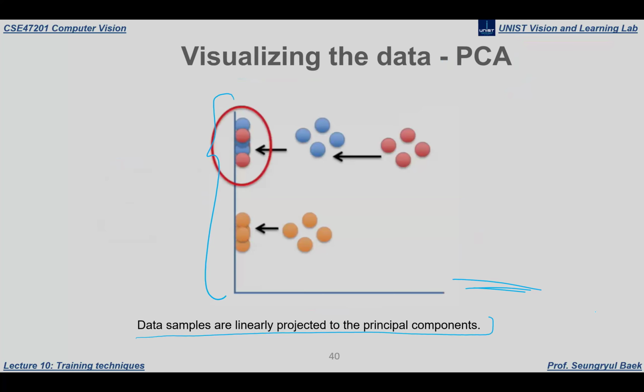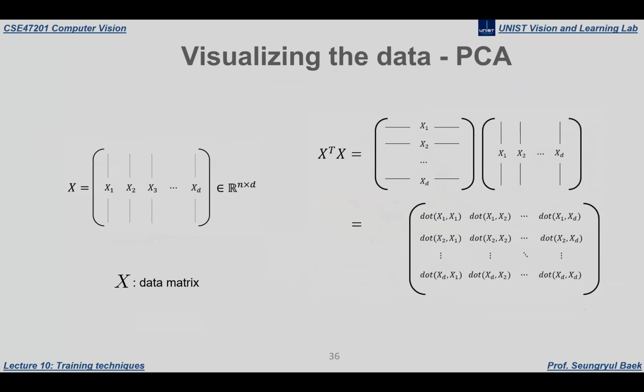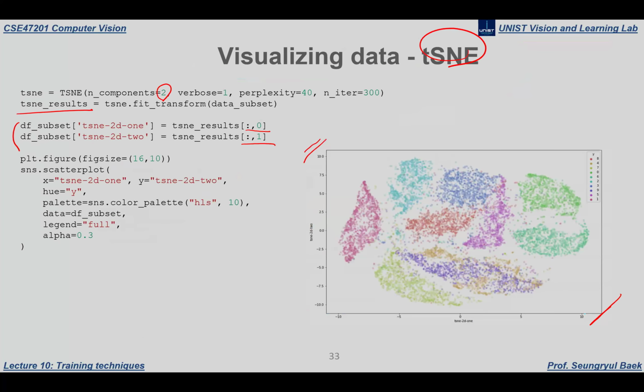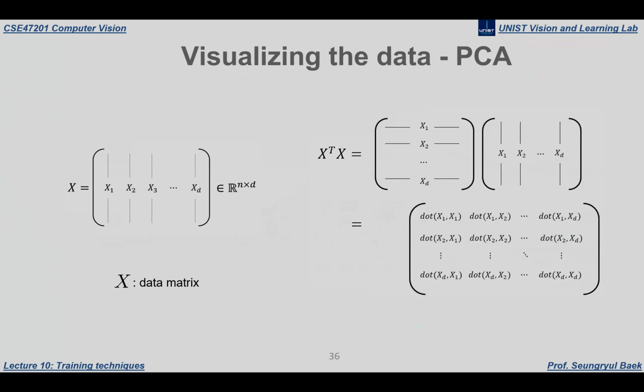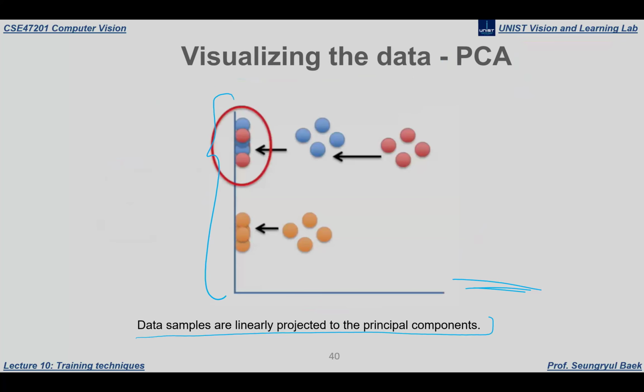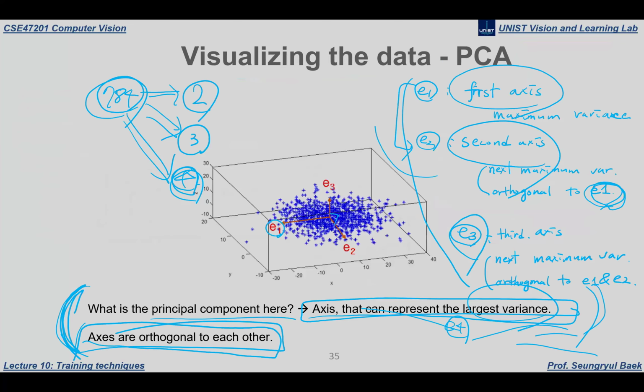So for visualizing, this is the lesson from here. To visualize high dimensional data for humans to see, we have to map them to a low dimensional space, which is two-dimensional space. There are two ways of achieving that.